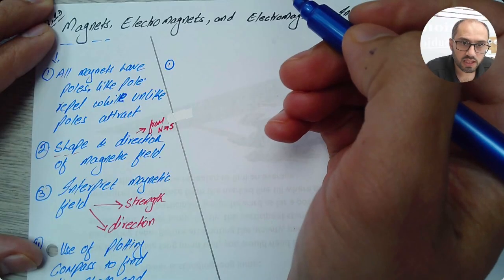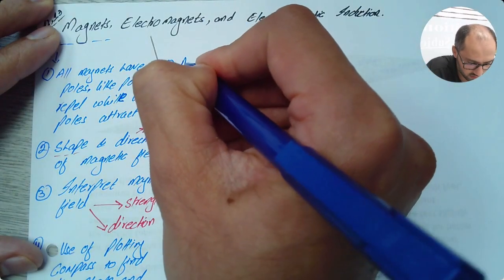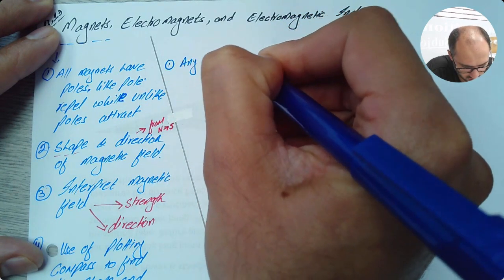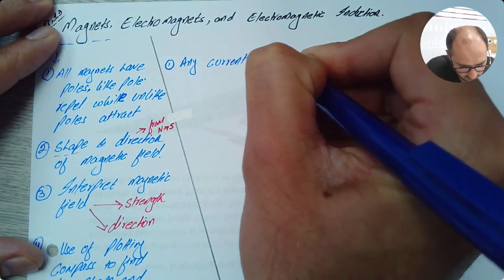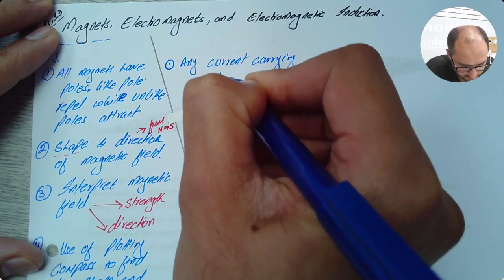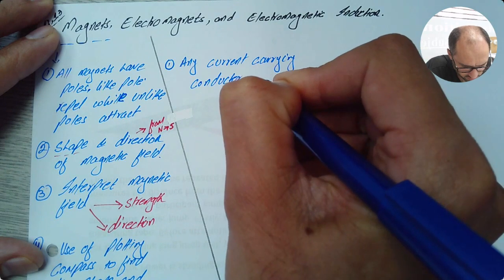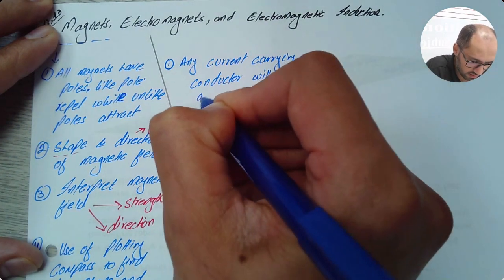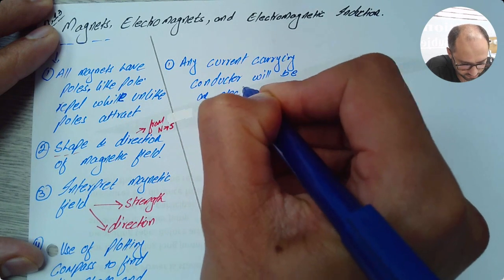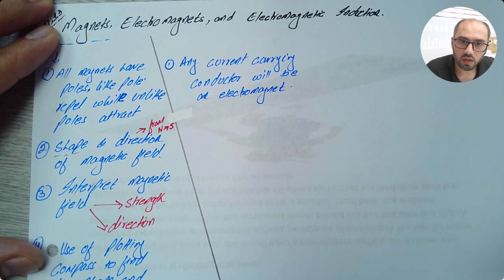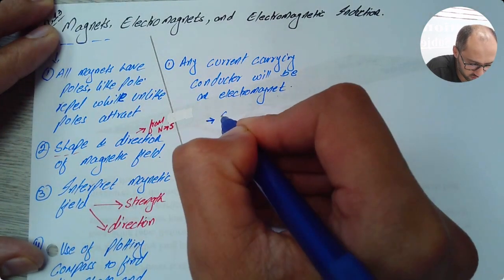When it comes to electromagnets, we can say any current carrying conductor will be an electromagnet. So we can start with a straight wire.